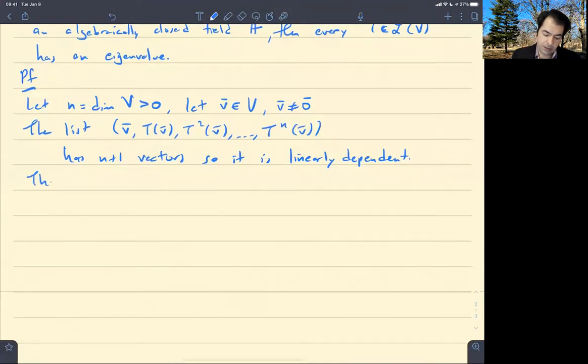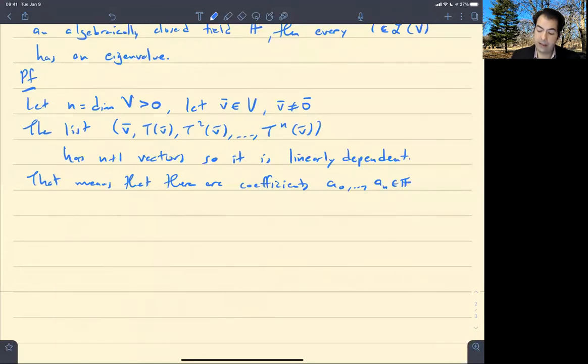That means that there are coefficients a0 through an in the field, not all 0, such that the linear combination a0 v plus a1 T of v plus dot dot dot an T to the n of v gives the 0 vector.